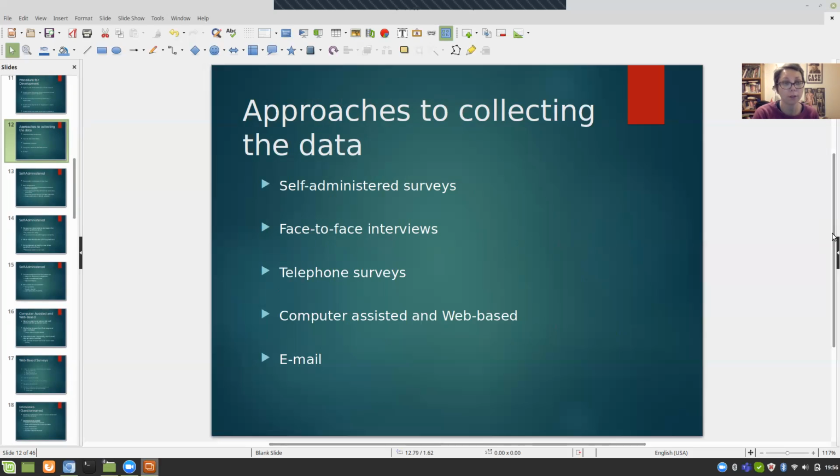And if you go on to the additional slides, you'll see that I cover each one of these approaches in detail. So again, if you want more information, because this is something you also would need to include in your proposal, is which mode of delivery are you going to use for your questionnaire and why.